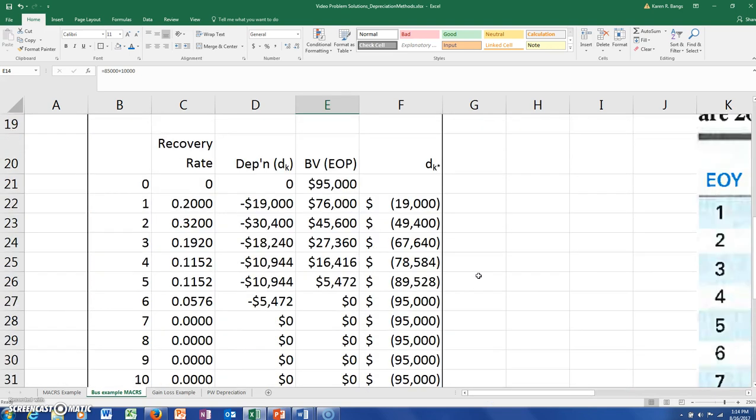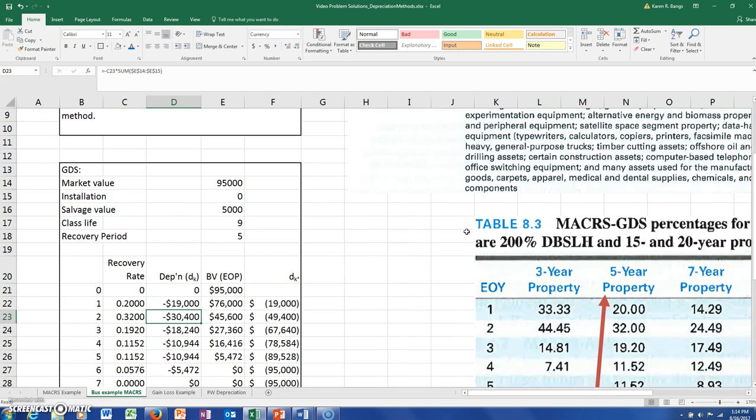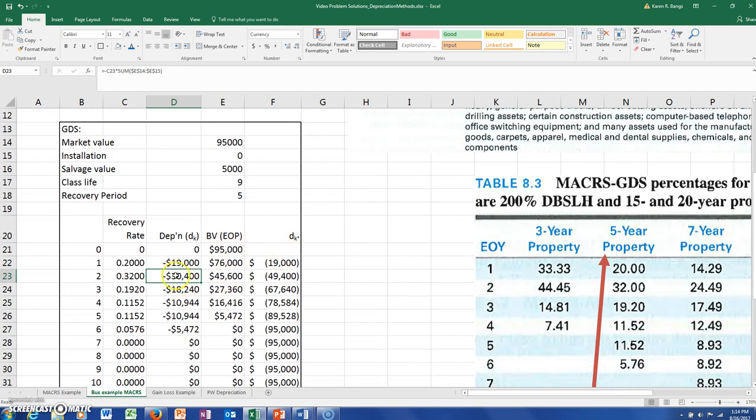So just like the other problem, we copy in the recovery rates from the table, and we calculate the depreciation as the recovery rate times the cost basis, which in this case is $95,000.